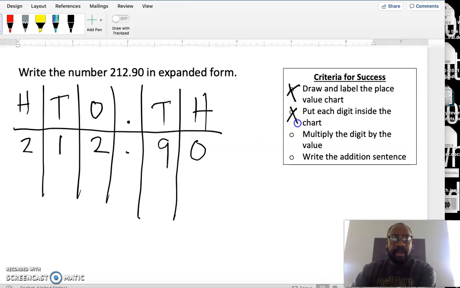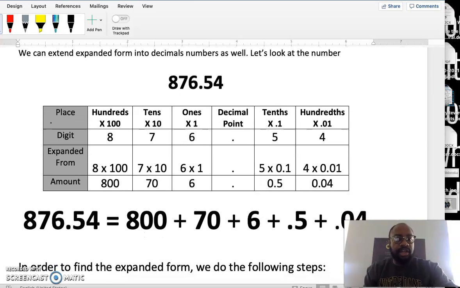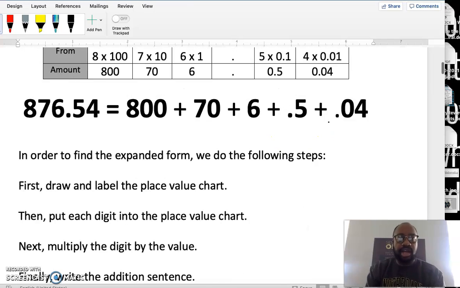Okay. I'm going to multiply each digit by the value according to its place. If I go back up, in case I forget, hundreds place, we always multiply by 100. Tens place, we multiply by 10. Ones place, we multiply by 1. Tenths place, we multiply by 1/10. Hundredths place, we multiply by 1/100.